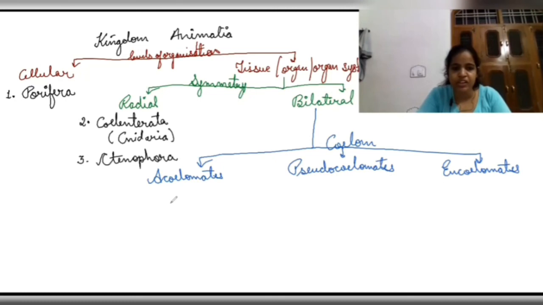So Acoelomates includes Platyhelminthes, number 4, Platyhelminthes. Clear? Next is Pseudocoelomates, which do not have true coelom, or we can call them to have false coelom. Number 5 phylum is Aschelminthes.